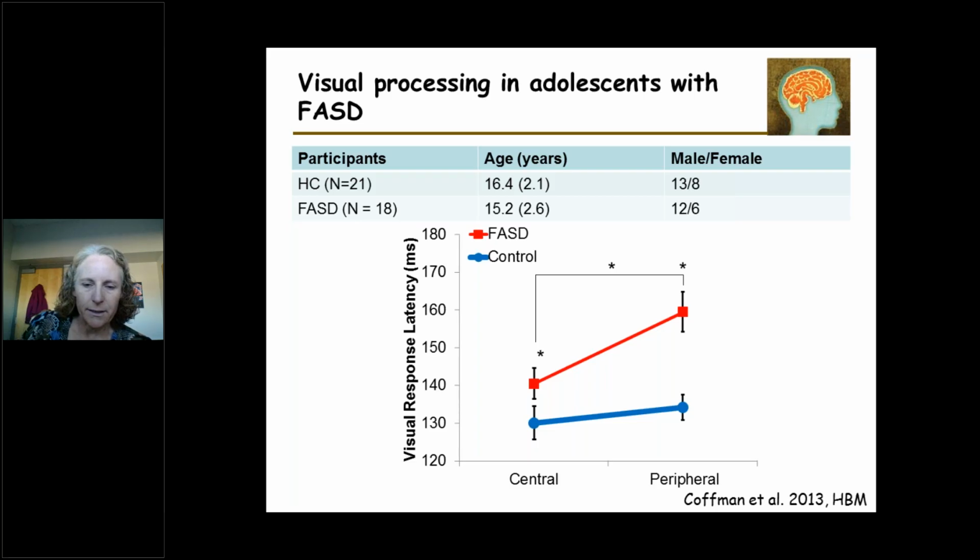So that difference is significant, and this is actually consistent with a lot of different developmental disorders where it looks like the dorsal stream of the visual system seems to be more sensitive to some type of insult than the central visual system, the ventral stream. And so again, this is consistent with our previous auditory results showing that there's a sort of delay in the sensory processing in kids with FASD, and this is now adolescents with FASD.